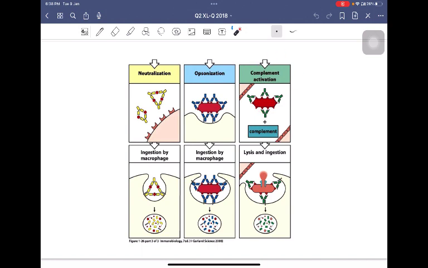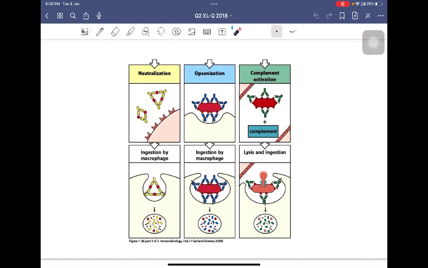And the next one is complement activation. We know that there are complement proteins. The antibodies can activate the complement proteins, and therefore the complement proteins cause lysis of the cells. The complement proteins can form the membrane attack complex, or the MAC.